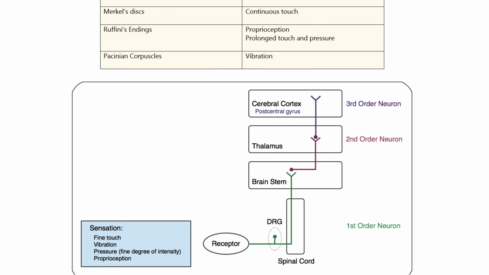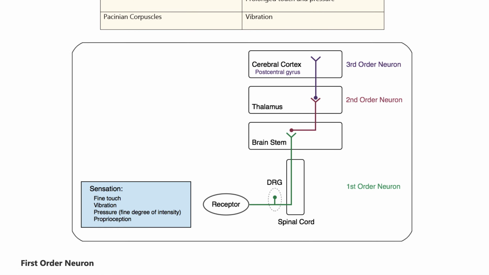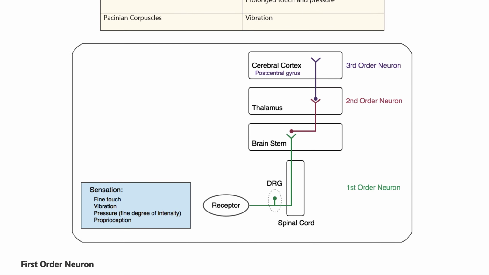The following diagram illustrates the flow of sensory information starting in the periphery with the sensation, which is fine touch, vibration, pressure, which is further specified as a fine degree of intensity, and proprioception. And each of these sensations acts upon their individual receptors that were previously reviewed, and the receptor sends the signal up the nerve to the dorsal root ganglia.